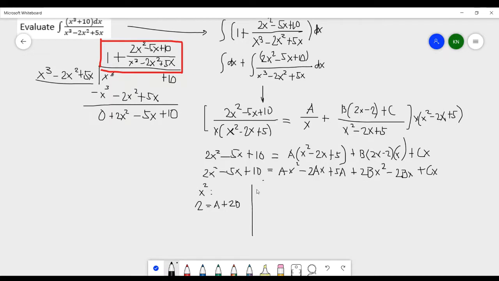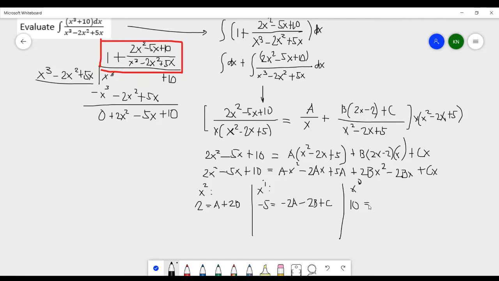So for now, we'll move on to the coefficient of our variable x. So we have negative 5, which is equal to negative 2a minus 2b plus our c.